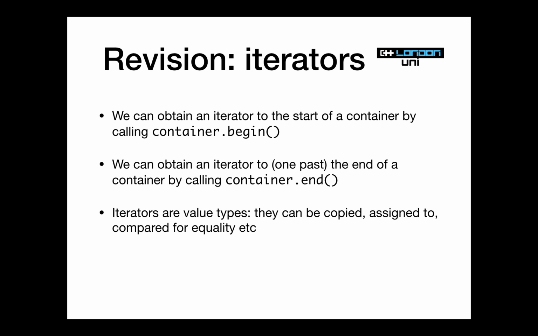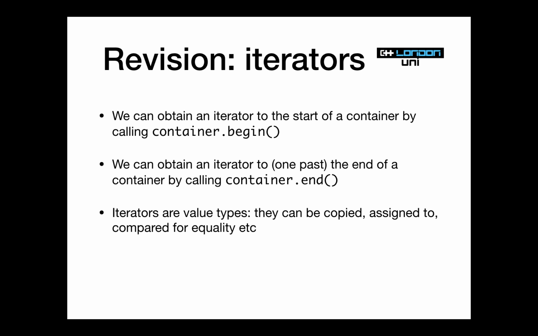If you're confused as to what I mean by value type, think about an int. An int is a canonical example of a value type. When you copy an int and you change the value of the copy, it doesn't affect the original. In particular, one very important thing we can do with iterators is compare them for equality.